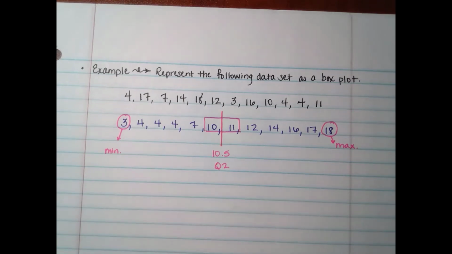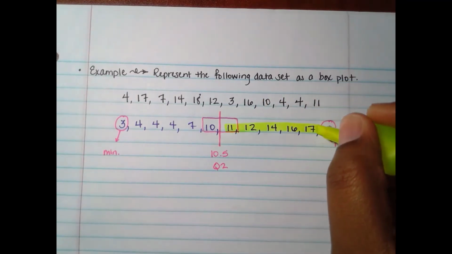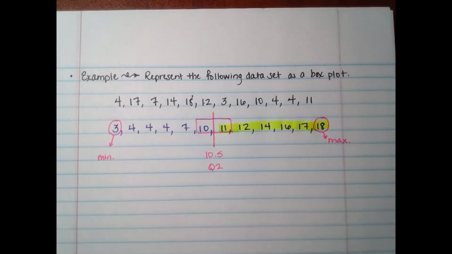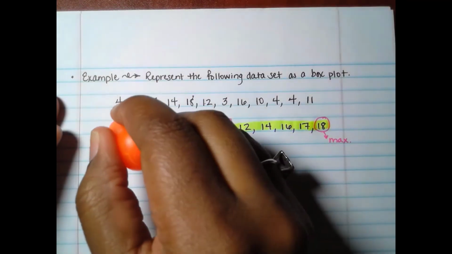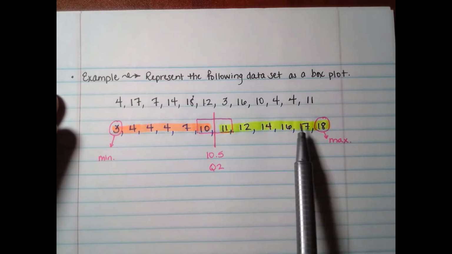So upper half, including 18, and lower half. So looking at my upper half, I have 1, 2, 3, 4, 5, 6 numbers.